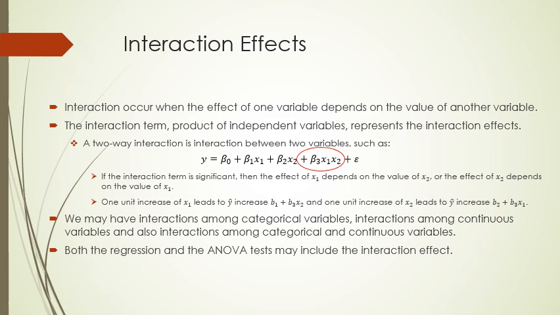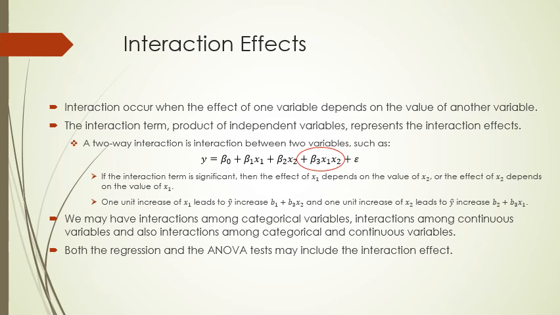If the interaction term is significant, then it suggests that the effect of x1 depends on the value of x2, or the effect of x2 depends on the value of x1.